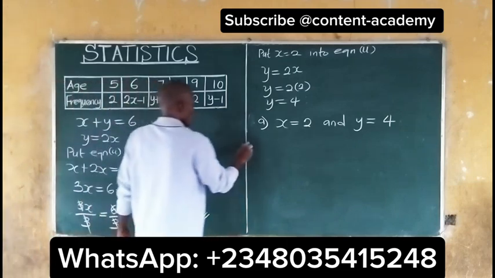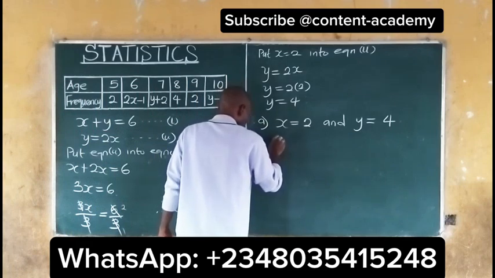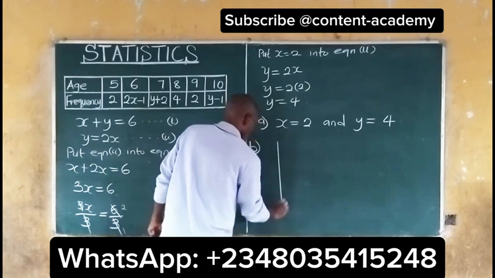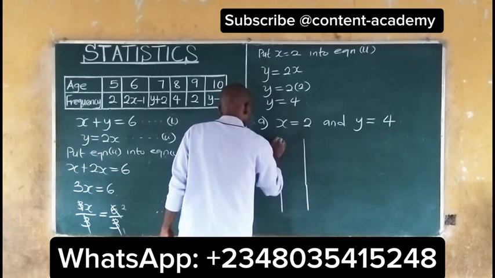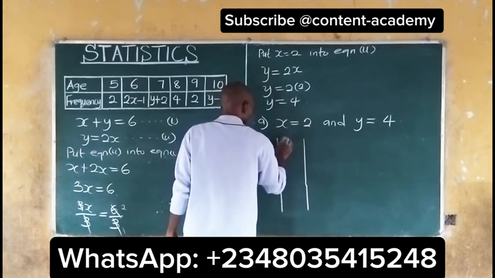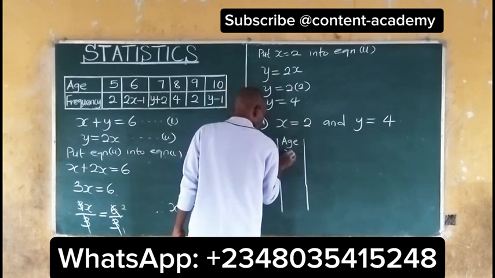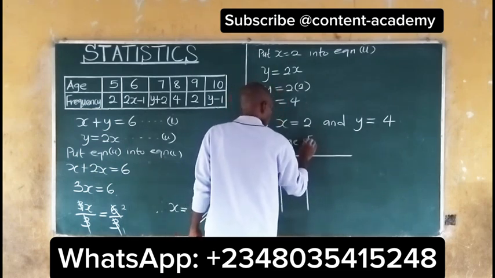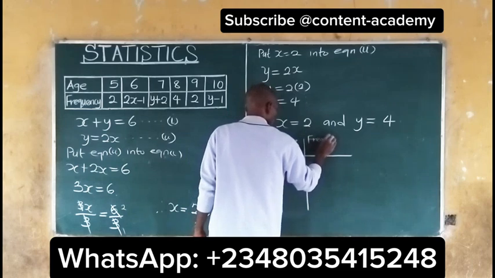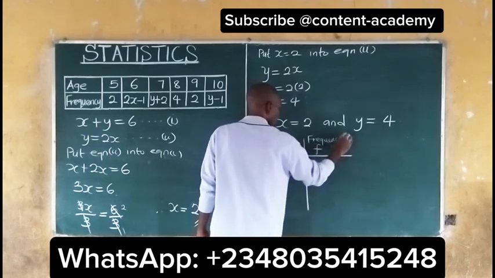For part B, to calculate the mean ages of the children, we have to draw our table. This is age, which is our x value. This is frequency, which is our f value.